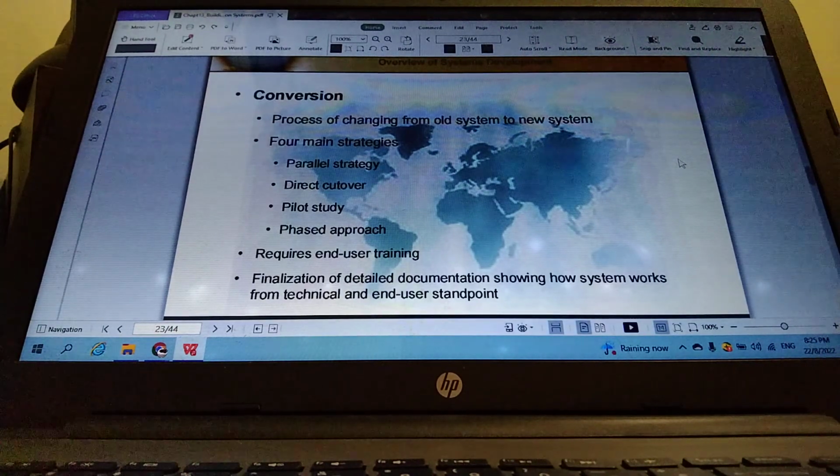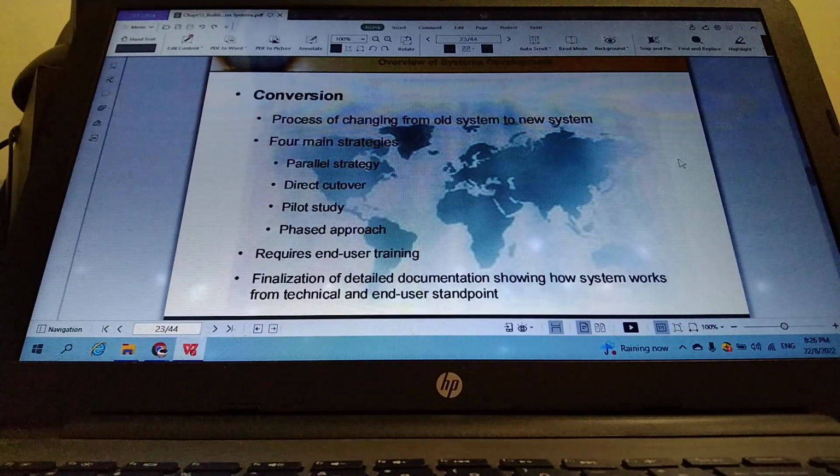The other method is what we call a pilot study. I'm very sure all of you are aware of this method, where we select a group of people or particularly certain departments, we prioritize them and we introduce the new system only to this group. That's the reason why it is known as a pilot study. When it works well with this group of people or this particular department, slowly we expand it into other areas.